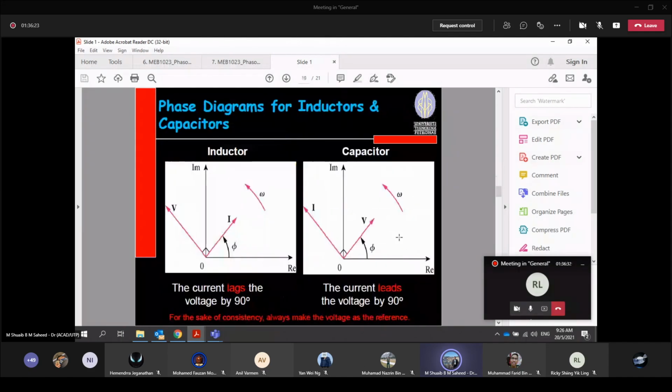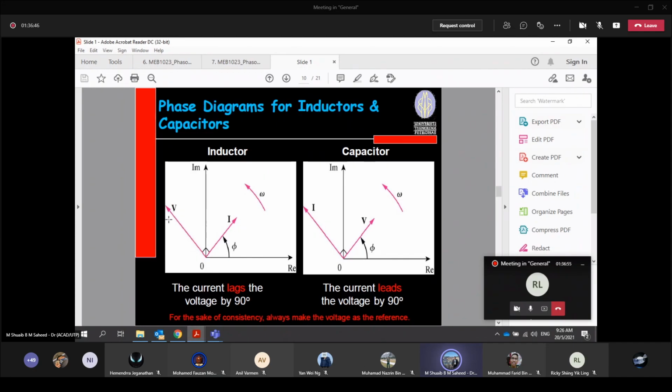Okay, inductor. V leads the current. So if you draw the current in the first quadrant for inductor, the V should be in the second quadrant.